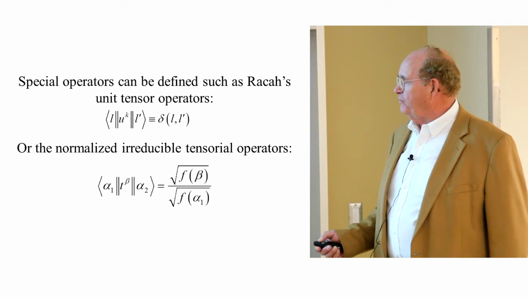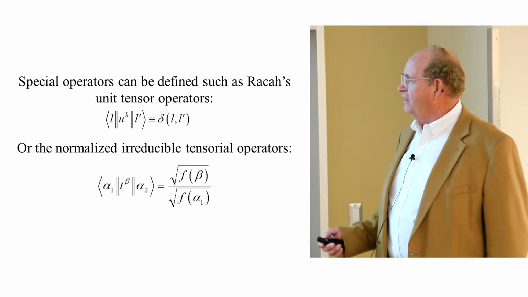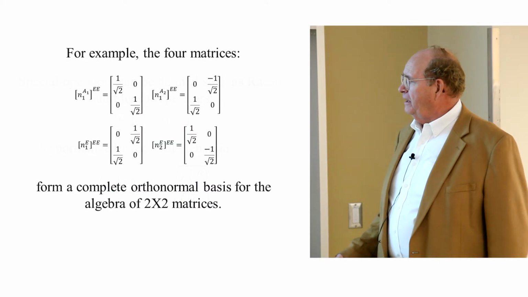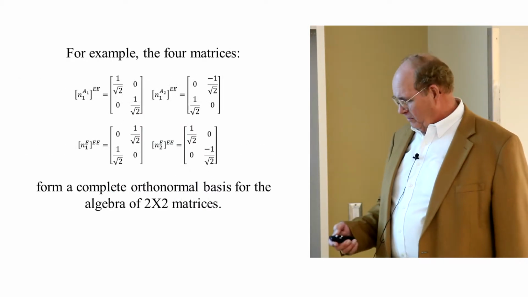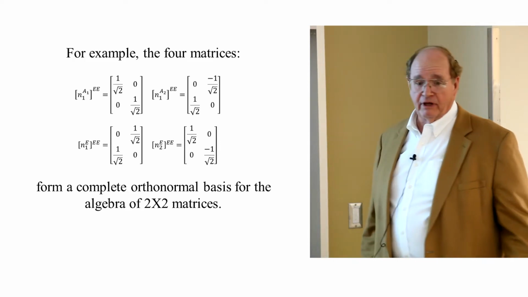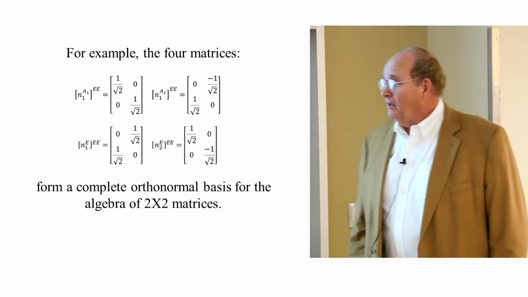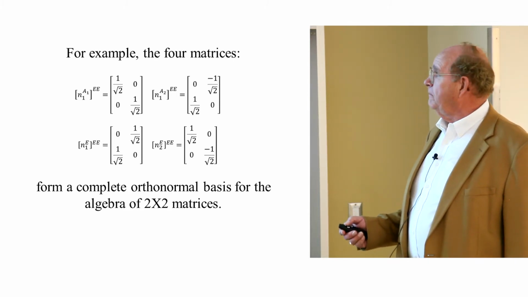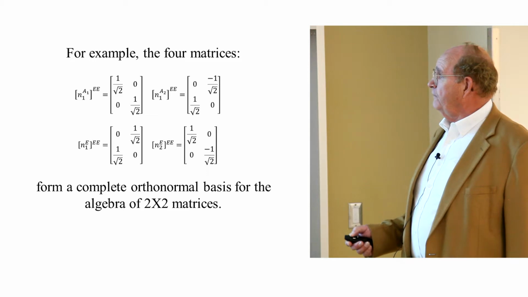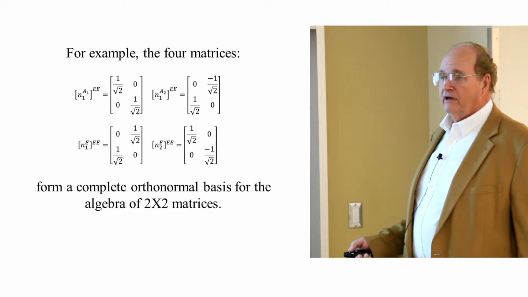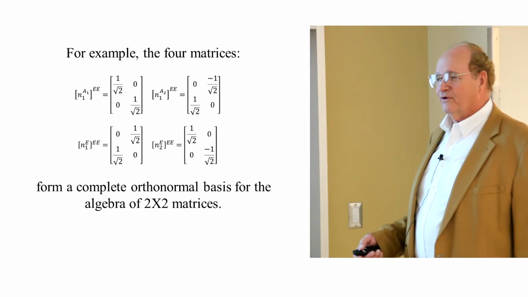Okay, I came up with another one here, which I call a normalized irreducible tensorial operator. I should have used an N there. And I showed that when you do these, you come up with a set of matrices that are in fact complete for any particular space. This one right here, you come up with these coupling coefficients in there, and you have 4 of these, right? And all 4 of these are independent, and you can express any 2x2 matrix in terms of these 4.